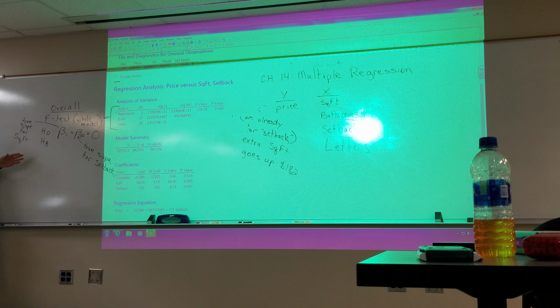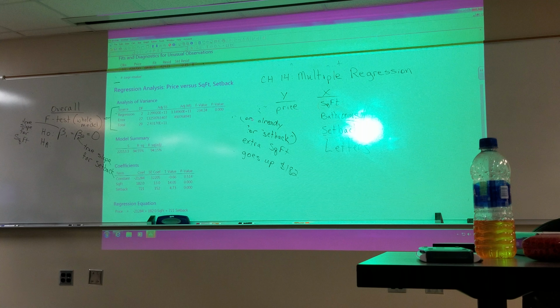So my H0 is saying both of these, the house size and the setback variable, both of them have a slope of 0. So what would that mean? If that's true, what does that mean about the 2 variables in your model? So they are not related to price. If both of them have a slope of 0, that means neither one of them has anything to do with the price of the house.